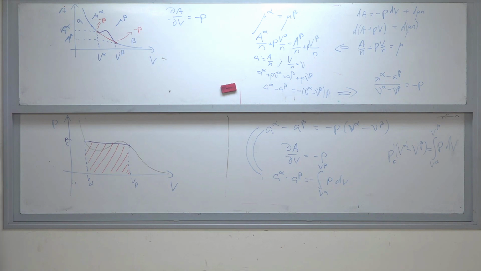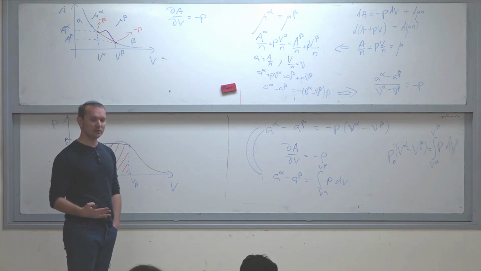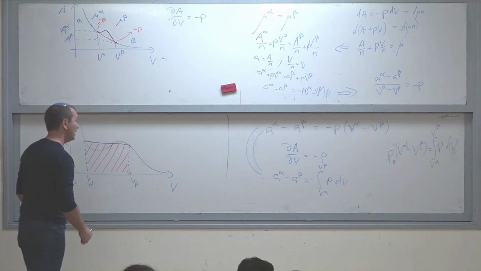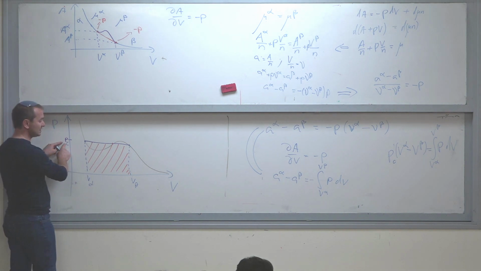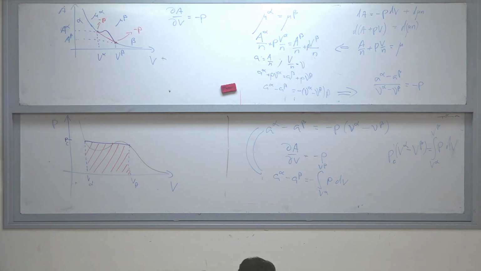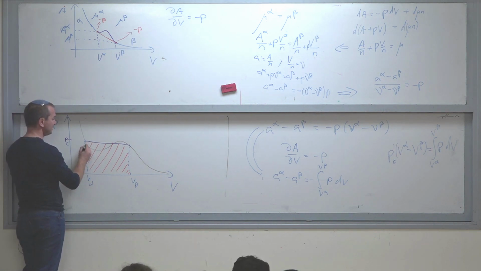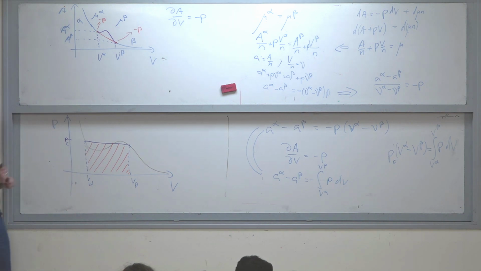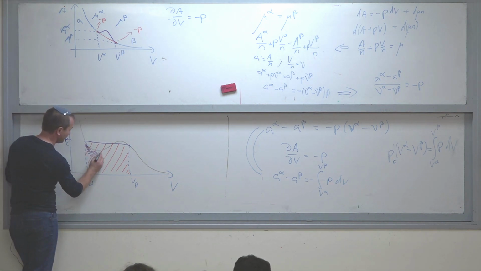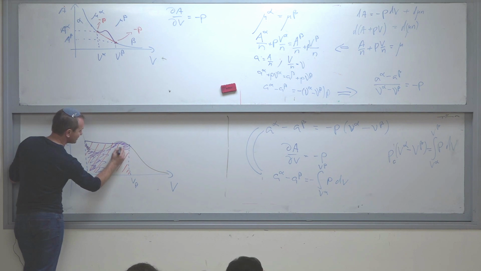What the equation means is that in order to define for what volumes and for what pressure the phase transition will occur, I must find a pressure such that the area of this rectangle over here will be equal to the area beneath this function over here.